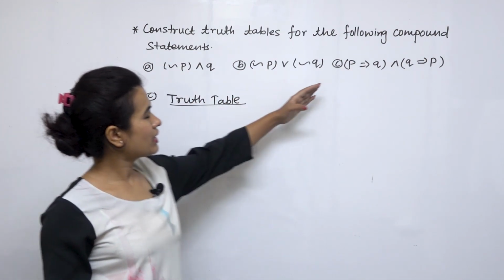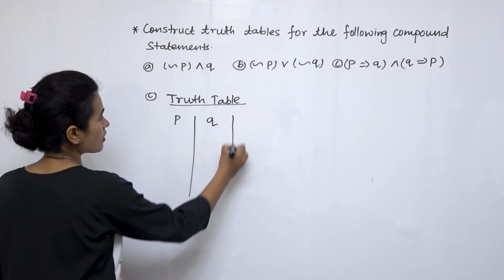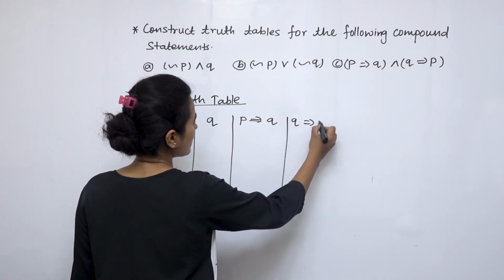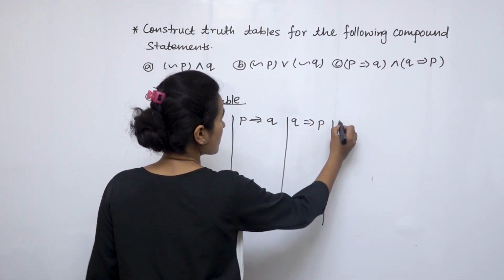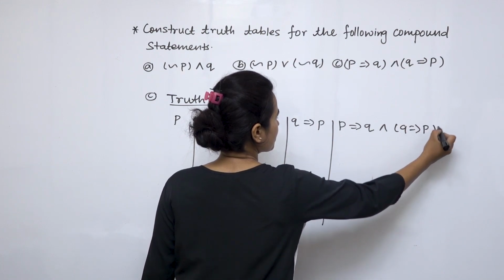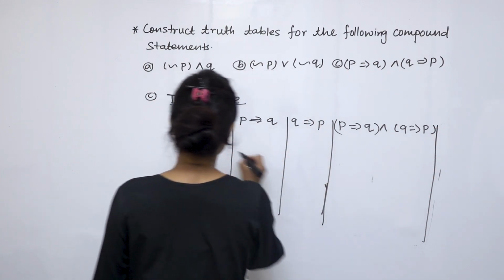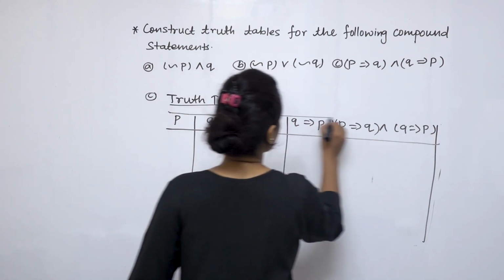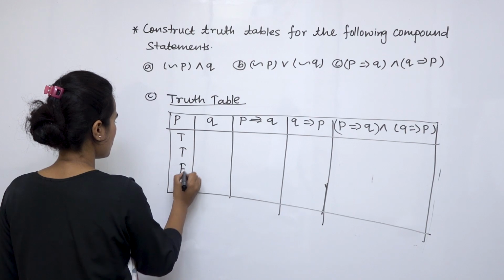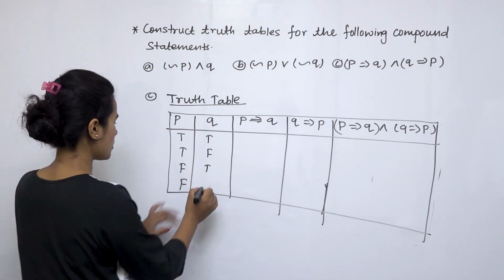We have to find out P then Q and Q then P. So first of all P, Q, P then Q, Q then P, and at the last P then Q and Q then P. Okay, true, true, false, false, true, false, true, true, true, false, true, false.